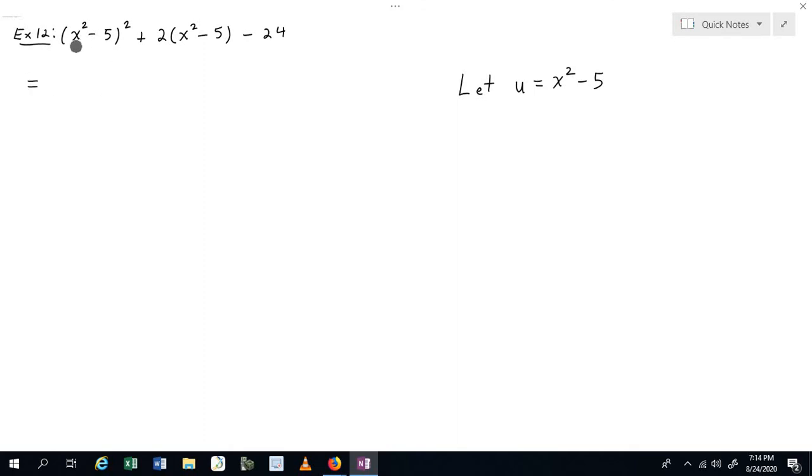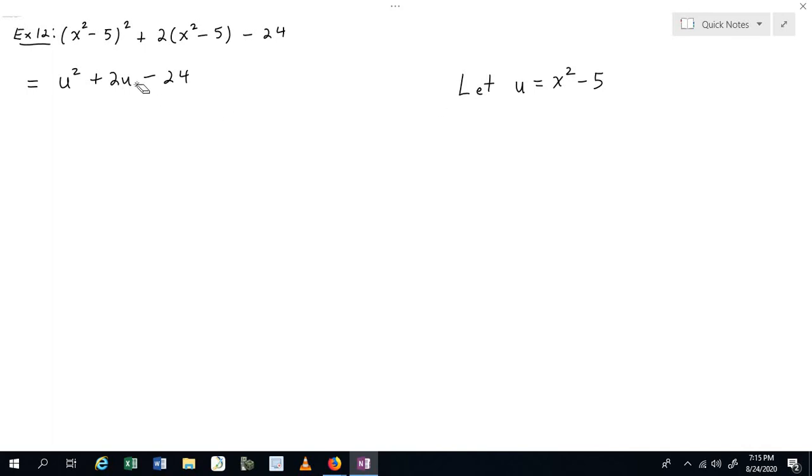If I do that, this is u. I'm calling this u just to make this easier to see. Then this is going to become u squared, and this is going to become 2 times u minus 24. Now, you can see why I'm doing this.